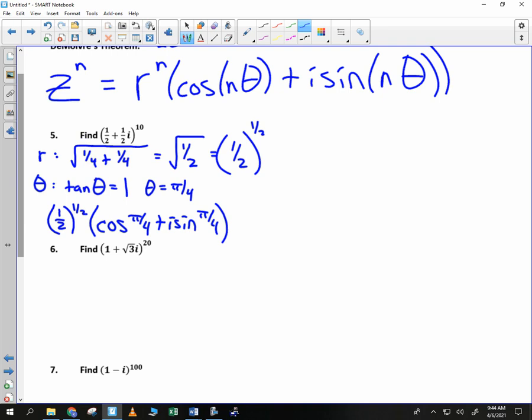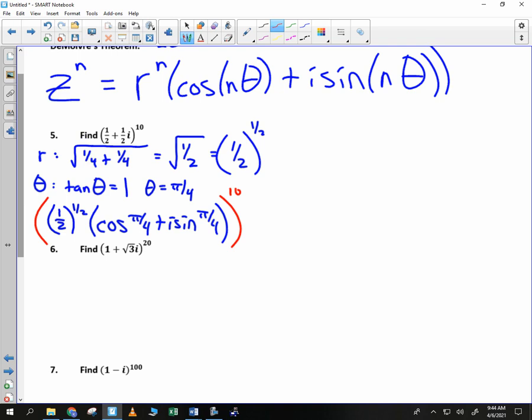We now want to take it to what power? The 10th power. So I'm going to take this guy and I'm going to raise it to the 10th power. I know it looks ridiculous, but just think of how bad it would have been to multiply this out 10 times. And we're actually almost done with it.